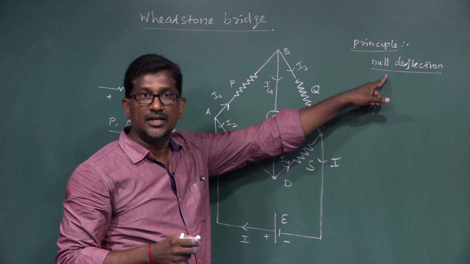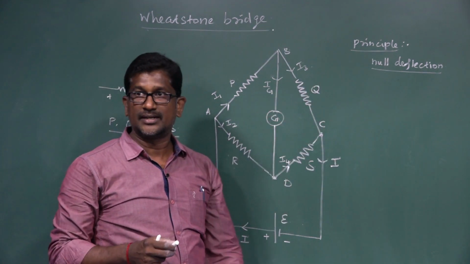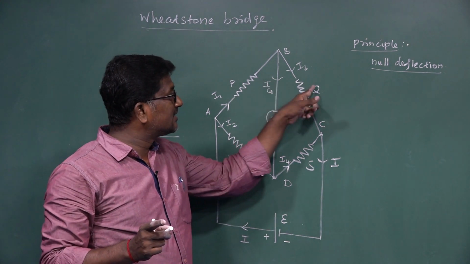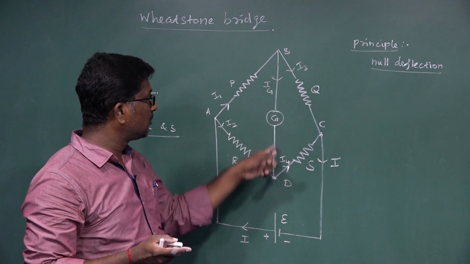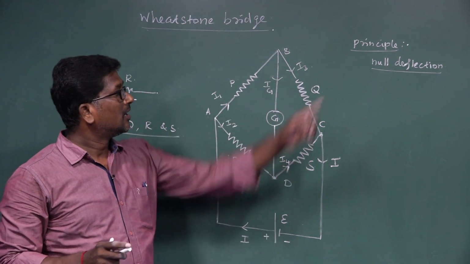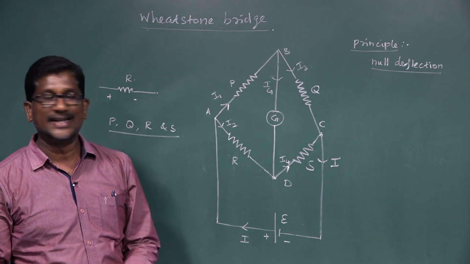So this is called null deflection. Null deflection means that when the ratio of two adjacent resistances are equal, no current flows through the galvanometer. This is the working principle of the Wheatstone bridge or Wheatstone network.